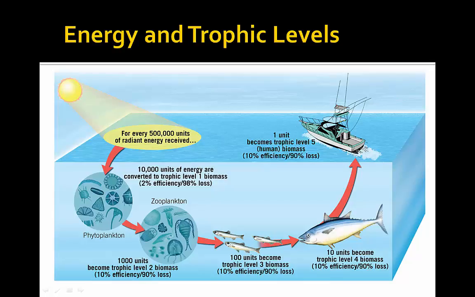Carnivores consume herbivores and likewise incorporate about 10% of the energy. This 90% loss of energy continues through higher levels as well. Therefore, it is more ecologically efficient for humans to eat as low as possible in this food chain. Unfortunately, people, including myself, tend to prefer cod and tuna over jellyfish and plankton.